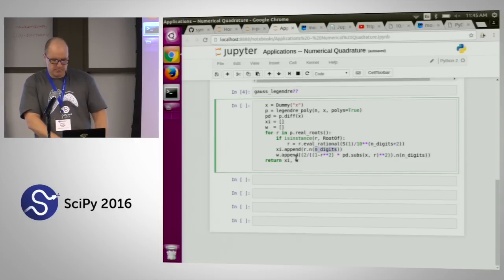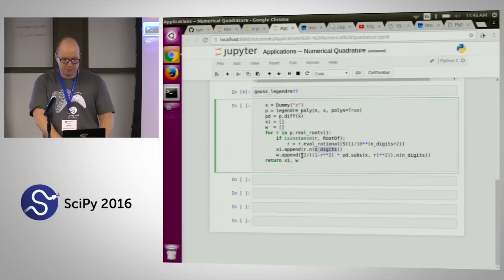And then for weights, you just use a standard formula for calculating the weight. It involves knowing the derivative of the polynomials and so on. The point here is that you can set these n digits high, and then you get as many digits as you need accurately, all of them.